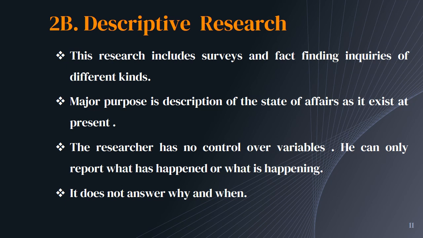Means whatever is the present situation, in this research we are going to describe that present situation in the best possible manner. And in this research the researcher has no control over the variables. Only he is going to play the role of the observer. He can only report what has happened in the past or what is happening. Means he is going to observe the thing and make its description. And from that description only we are going to draw the conclusion.